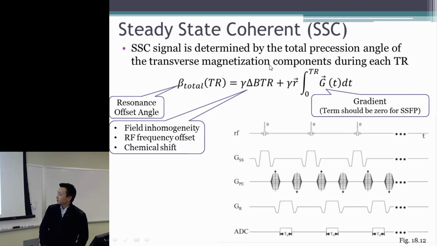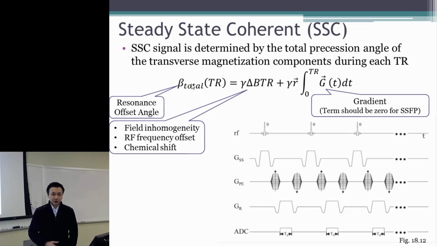We do not want this resonance offset angle to be affected by the gradient, because the gradient is just a means for the imaging, for the spatial encoding of the signal, right?